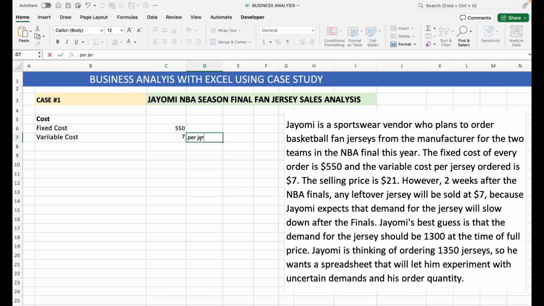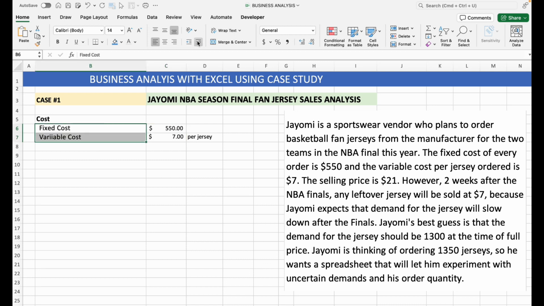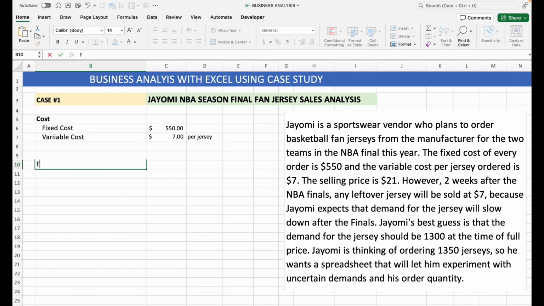So let me format this so that it can look like. Then I want to indent this. Yes. So those are the costs. Then our selling price. We have the selling price, the full price, and the reduced price.